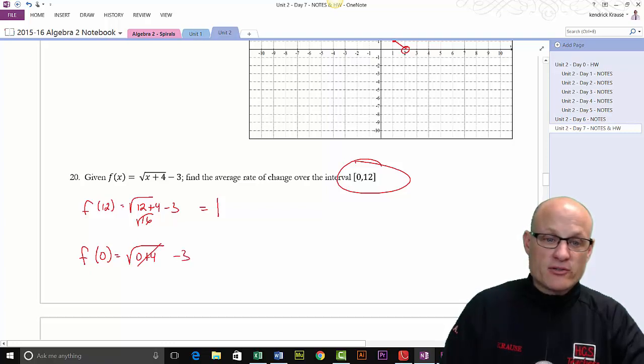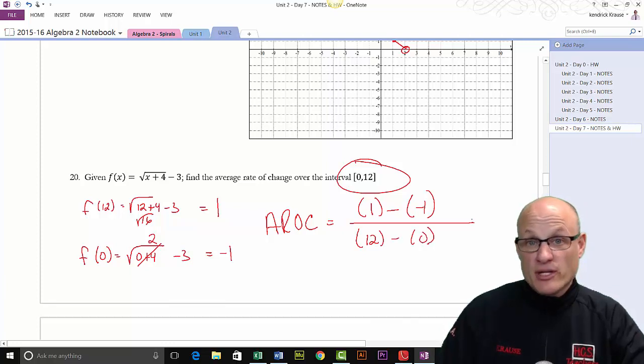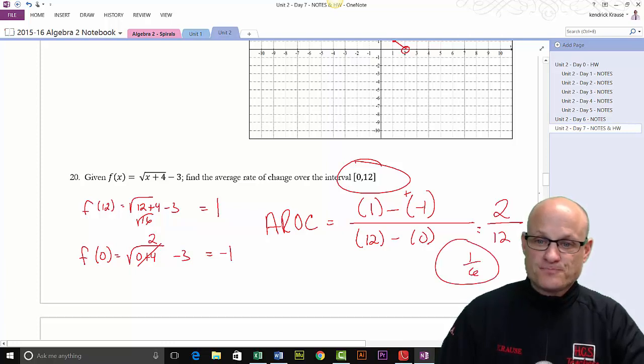Well, this is really the square root of 4, which is 2. 2 minus 3 is negative 1. So my average rate of change is equal to 1 minus negative 1 all over 12 minus 0. Sub it into that formula. This becomes a plus, so it's really 2 over 12, or 1/6.